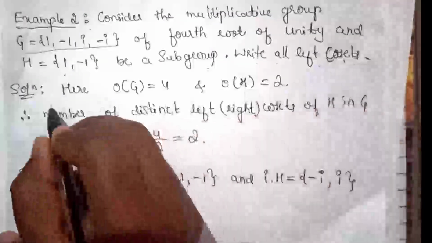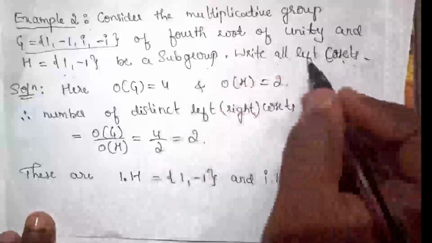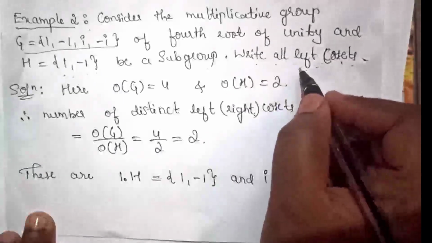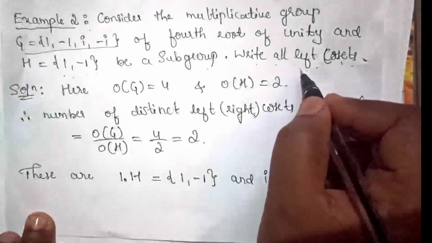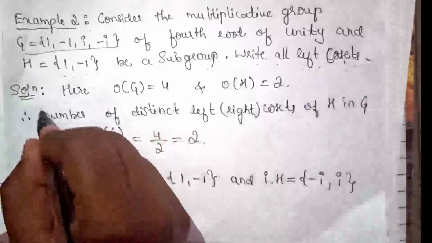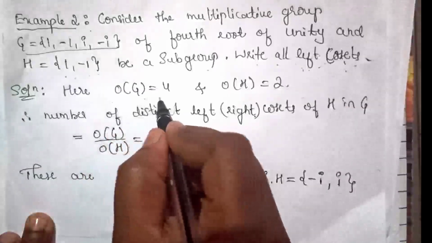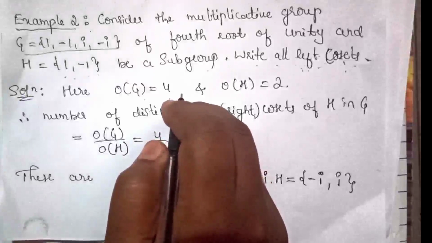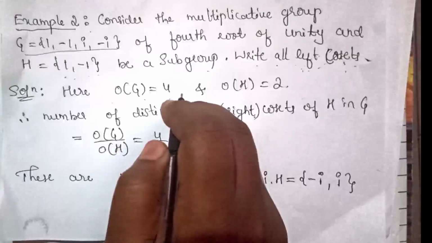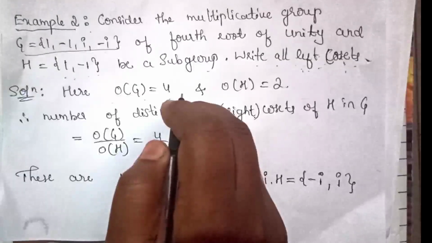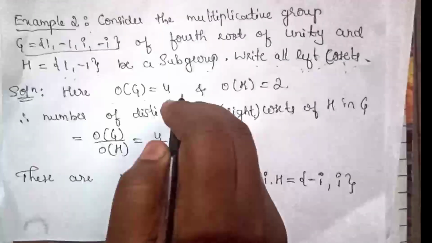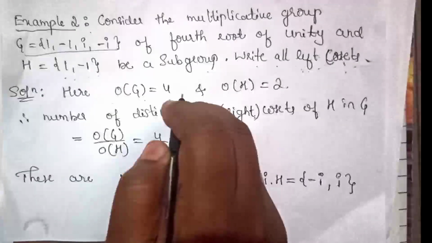We have already done this one, and we have written left cosets and even right cosets. Order of G is equal to 4. There we found all 4 cosets, but after that we wrote only 2 different right cosets or 2 different left cosets.